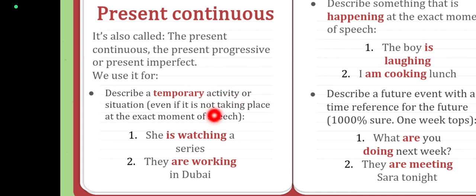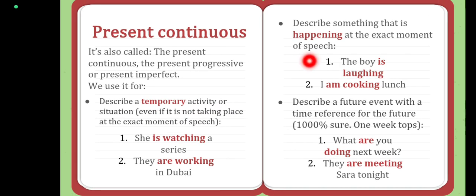Here we have more applications: to describe something that is happening at the exact moment of speech. So that is also temporary. It's happening at the moment and it will end after a few minutes.